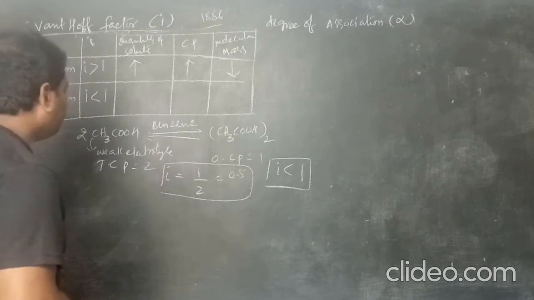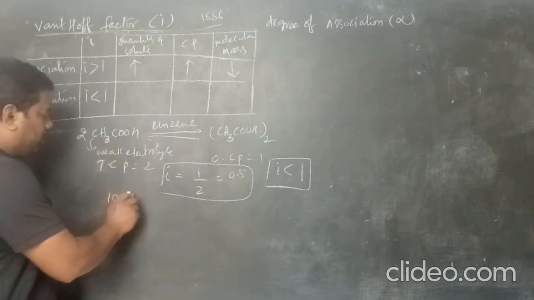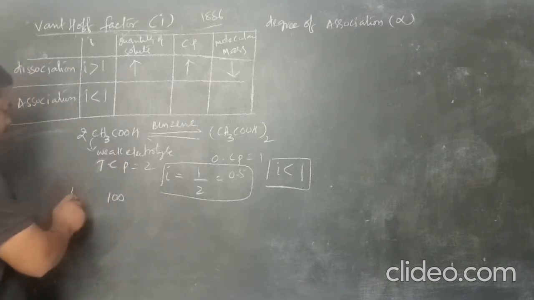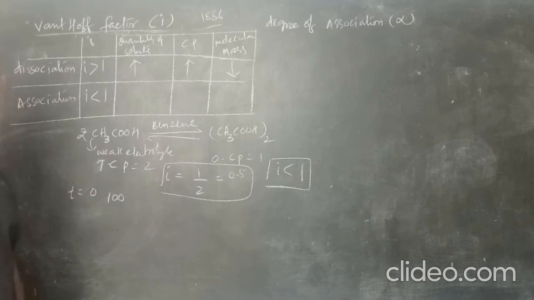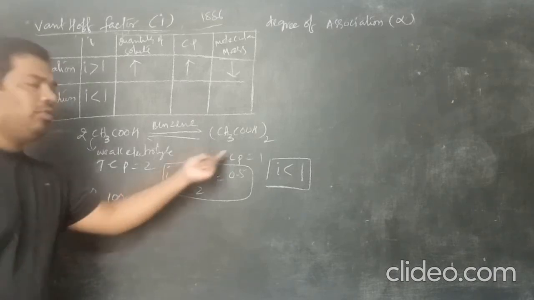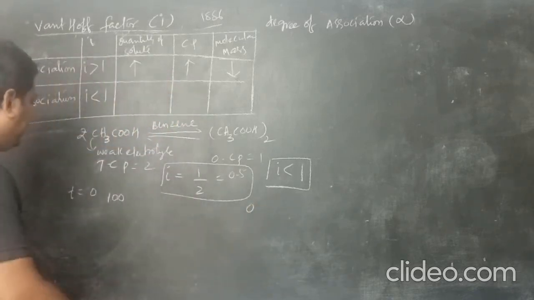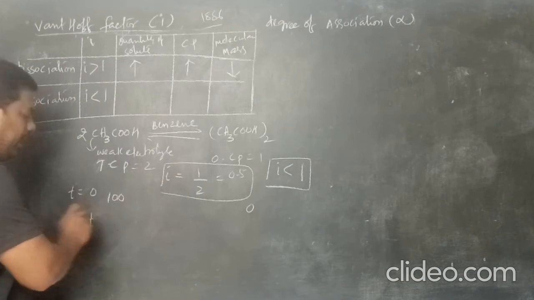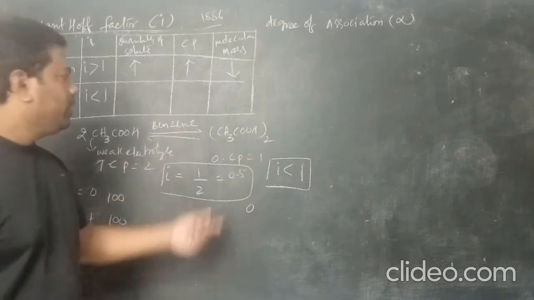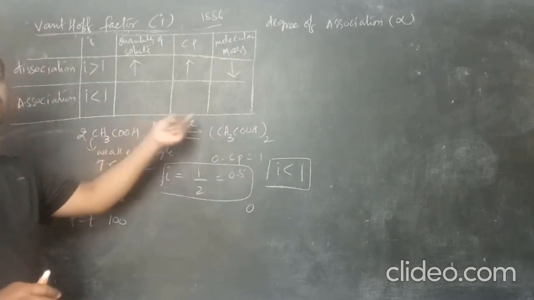For example, we are taking 100 molecules of acetic acid at time t is equal to 0. So there is no change, no formation of product, so 0. Upon time t, not complete association, only 50% of acetic acid is going to be dimerized.